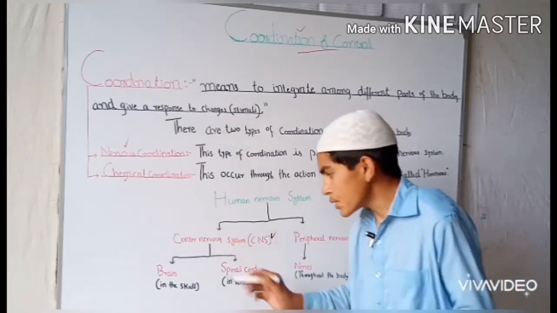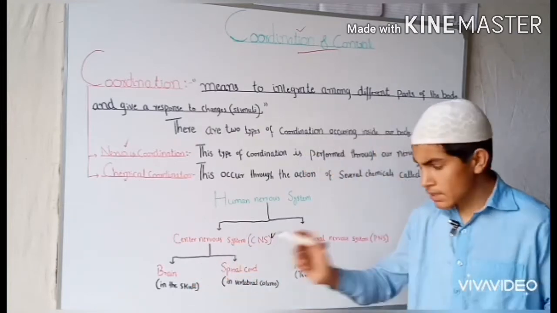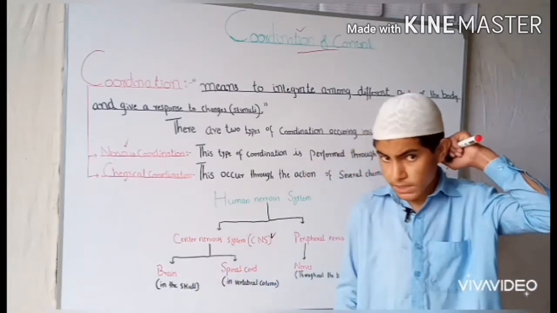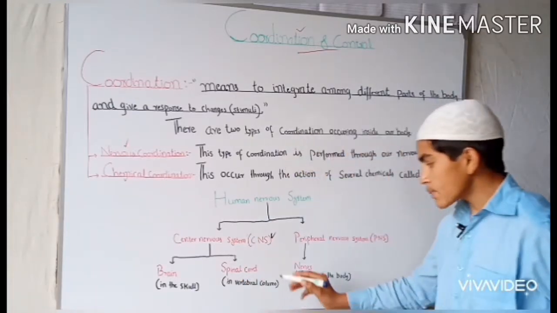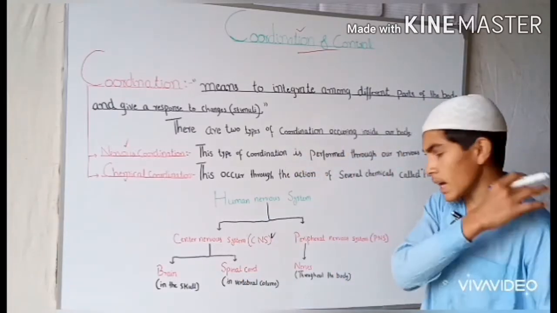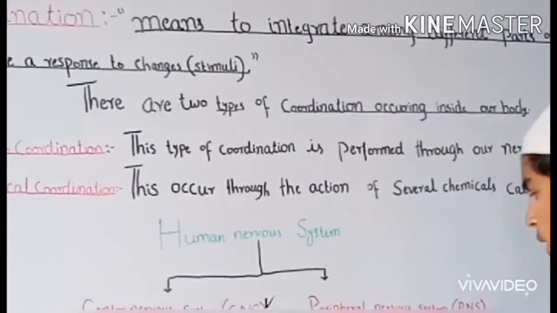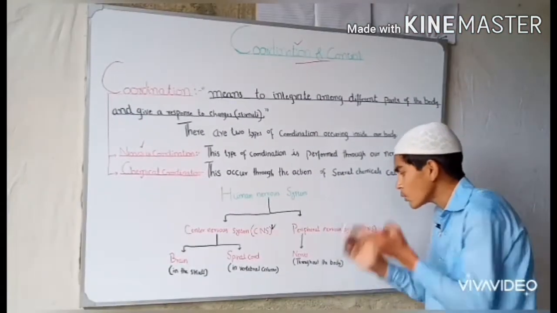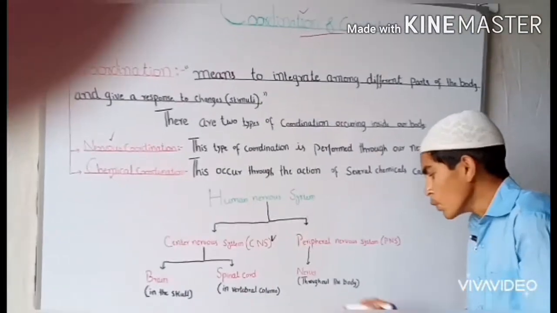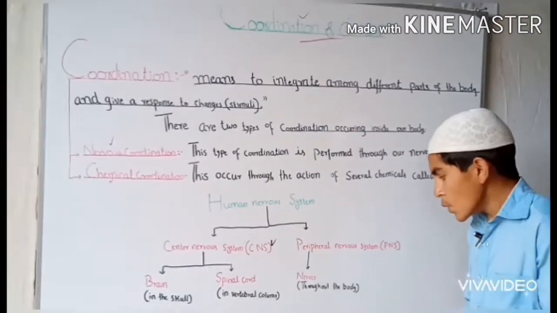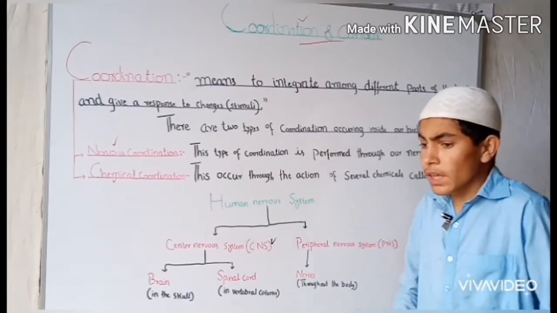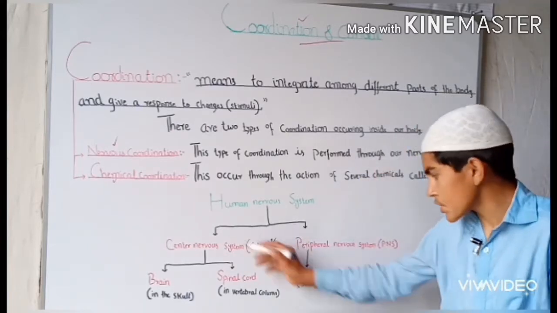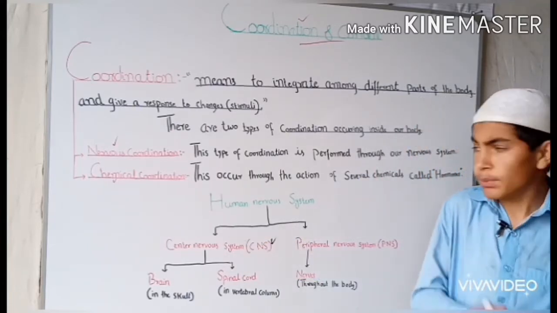The central nervous system can be divided into two parts: one is the brain, which is present in our skull, the head part, and second is the spinal cord, which is present in our vertebral column. The peripheral nervous system consists of nerves which move throughout our body, made of sensory and motor neurons, which carry the impulse from our central nervous system to every part of the body.